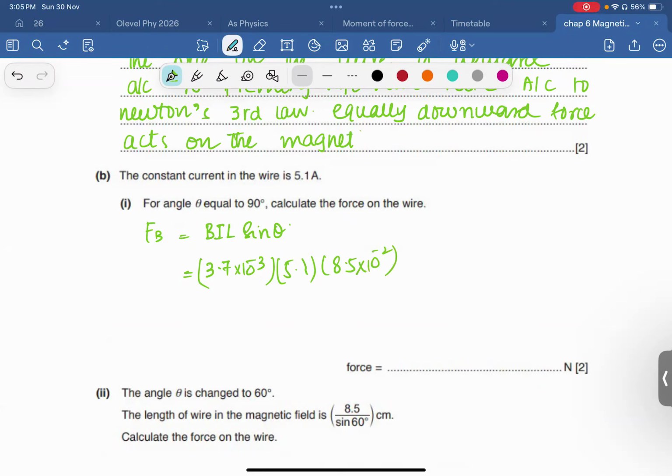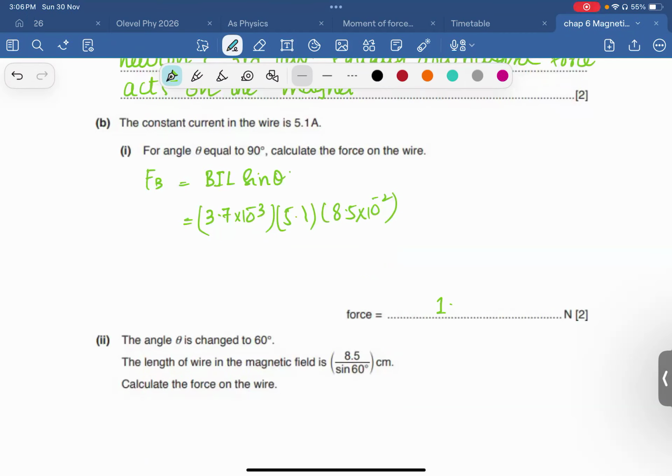Please calculate the value. Is it 1.6 times 10 raised to power minus 3? Yes, very good. Perfect. Please move on.